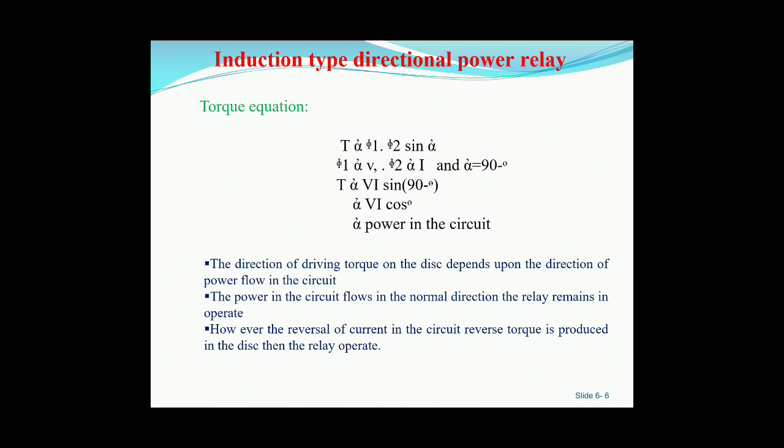Reversal of the current in the circuit reverses the direction of the driving torque on the disc. Due to the production of a reverse torque, the disc will rotate in the reverse direction, and then the moving contact closes the tripping circuit.